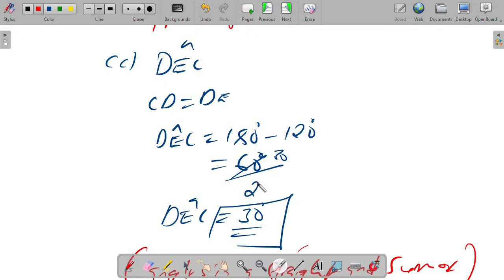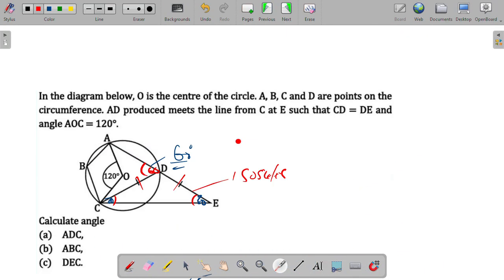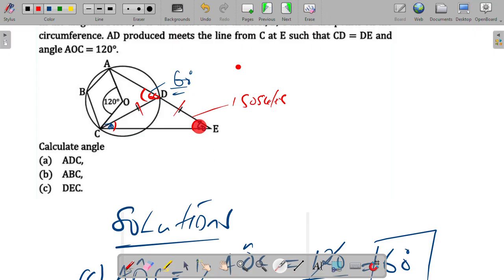Why did we divide 2 into 60? Because these two angles are the same, and each one is half of 60, and we get 30 for each, for us to get the sum of the other angle on top there.